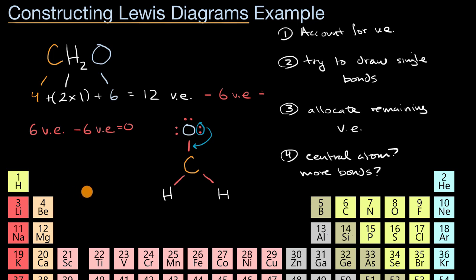I will actually redraw it. So you have your carbon, you have your 3 original covalent bonds. You had a hydrogen, and then you had your oxygen right over here. And now we formed a new covalent bond, just like this.